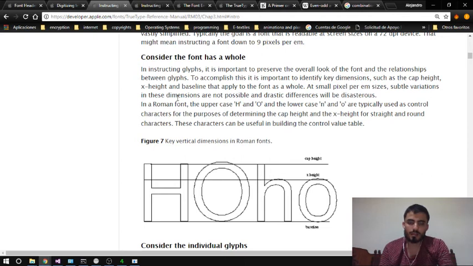Cap height, the x-height, and baseline that apply to the font as a whole.